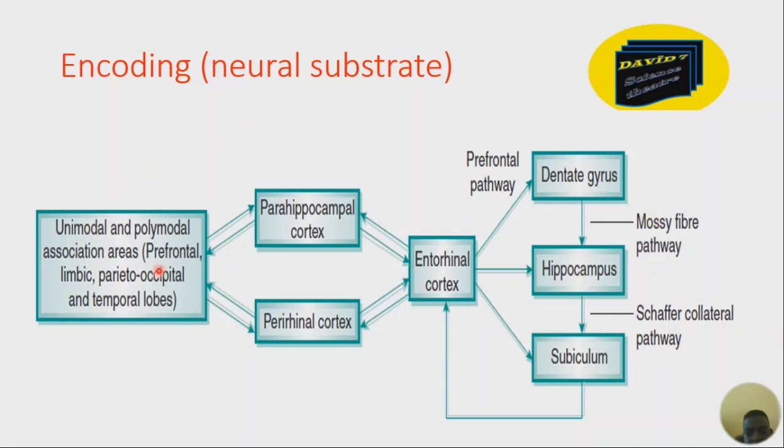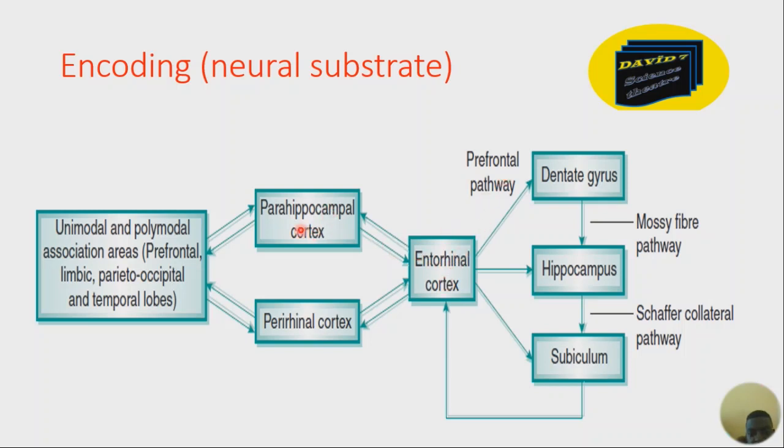And if you look, this is how reverberating circuits occur. You receive information in the unimodal and polymodal association areas, which include the prefrontal cortex, limbic system, parieto-occipital, and temporal lobes of the cerebral cortex. When you receive information in these association areas, the information goes to the parahippocampal cortex and entorhinal cortex.